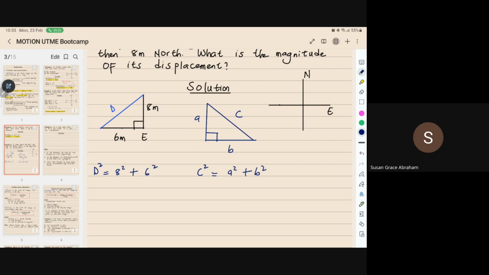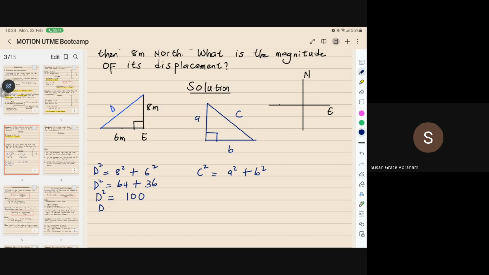There's a high tendency I'll say something wrong again. So 8 squared is 64. Confirm, is it 64 plus 36? So D squared is equal to 64 plus 36. 4 plus 6 gives us 10, 0 carry 1. This is 100. Confirmed.